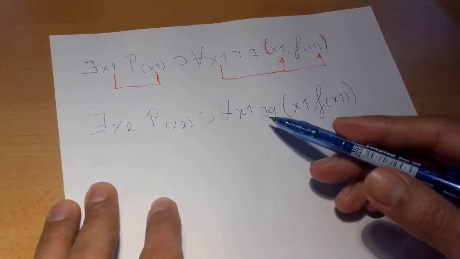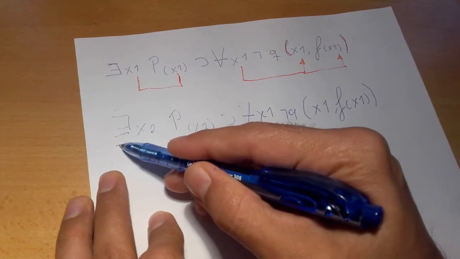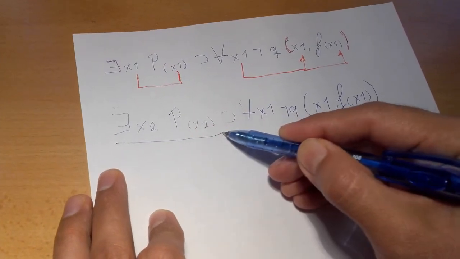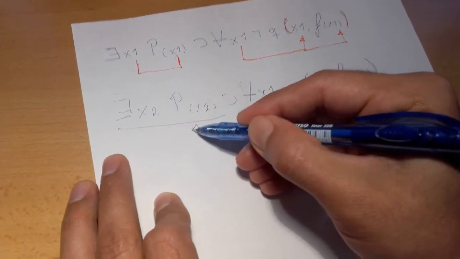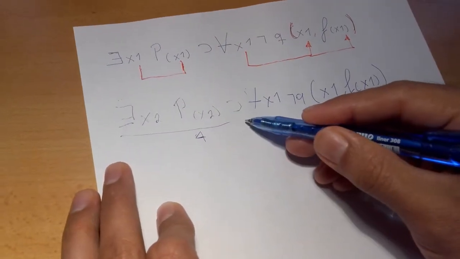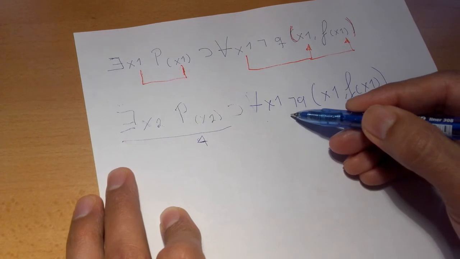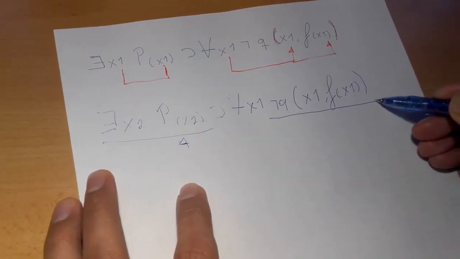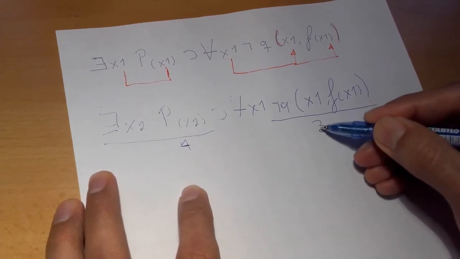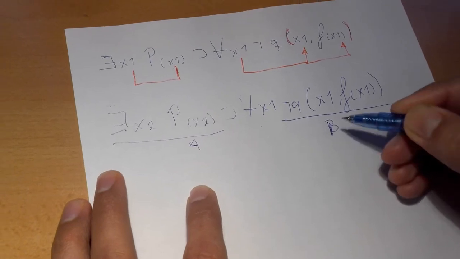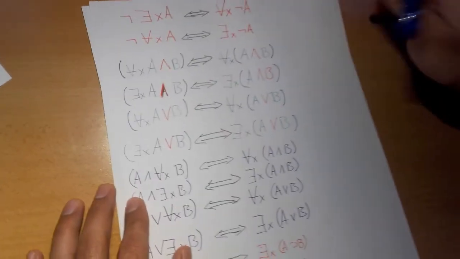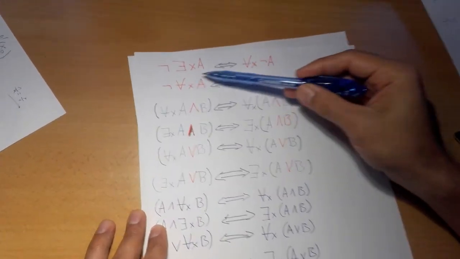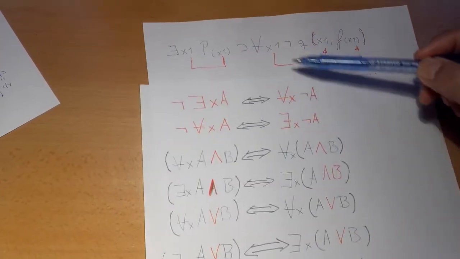How do we prenex? First of all, we need to consider this part, taking out the quantifiers. So I consider this as A, implication, and everything which is inside I will consider as B. We need to apply the formulas. As you can see, this is one formula that I can apply here.